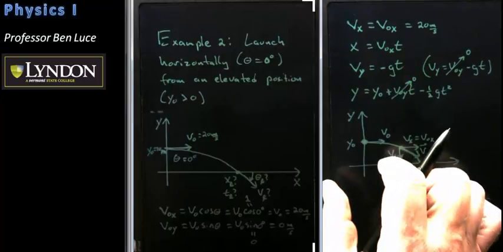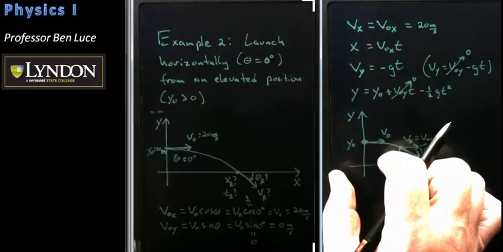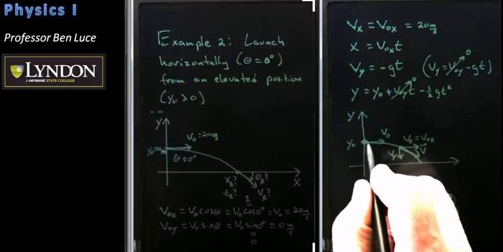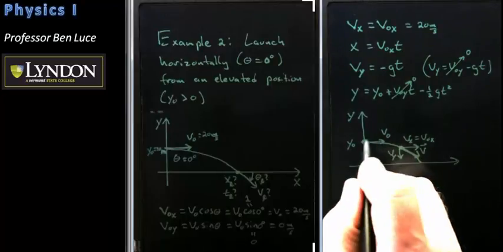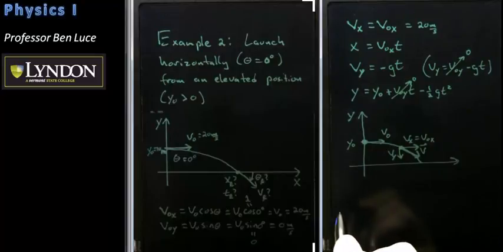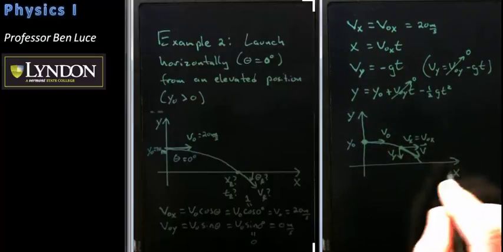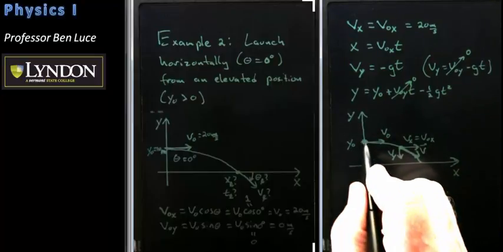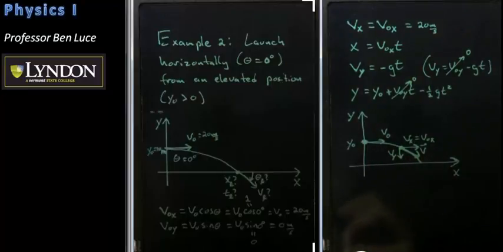And in fact, if we happen to move into a reference frame that was moving at a constant velocity v0x to the right, this projectile would simply seem to be falling from rest from the position y0. But as seen in the particular reference frame we've chosen, that these coordinate axes represent, our projectile appears to arc off to the right.